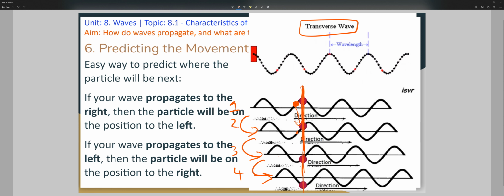And as the wave continues moving to the right, the particle will continue to follow the path on that wave, because the wave has moved to the right now, and so on and so forth.